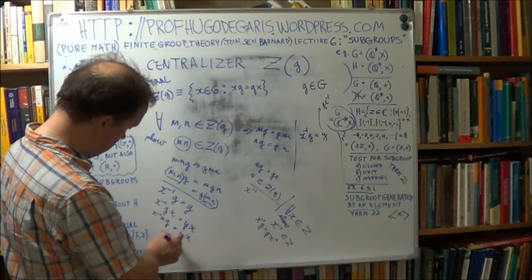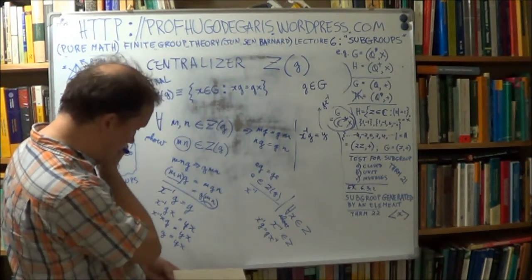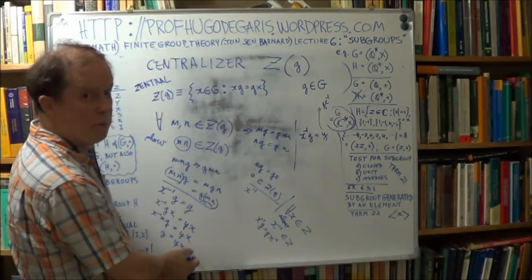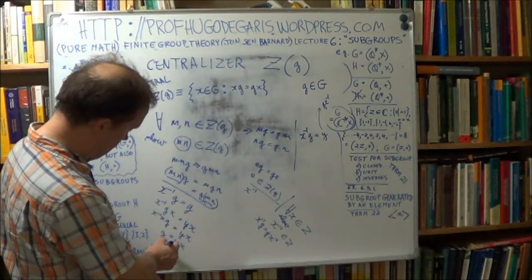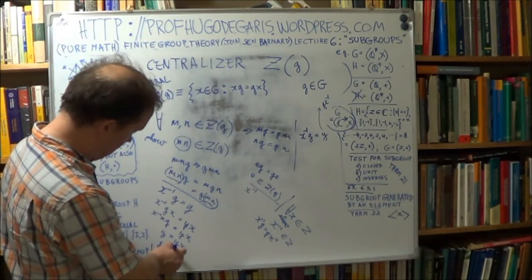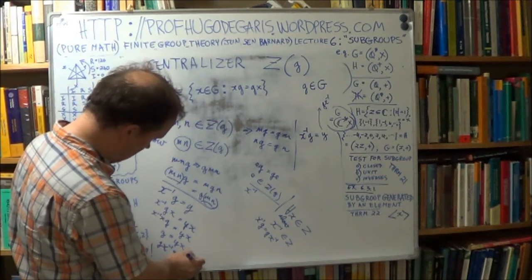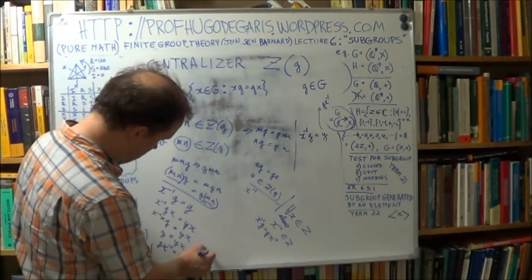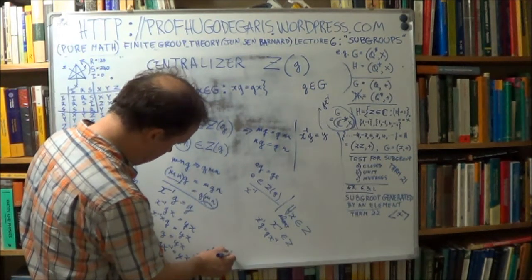So g is yx. Now multiply on the right by x inverse, so you get g x inverse equals y x x inverse, which is just ye, which is just y.